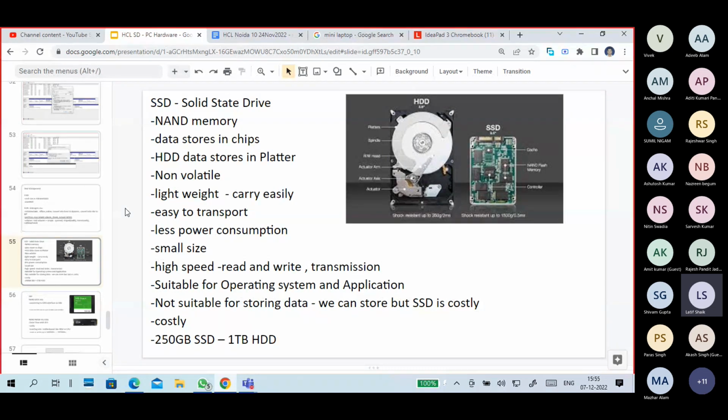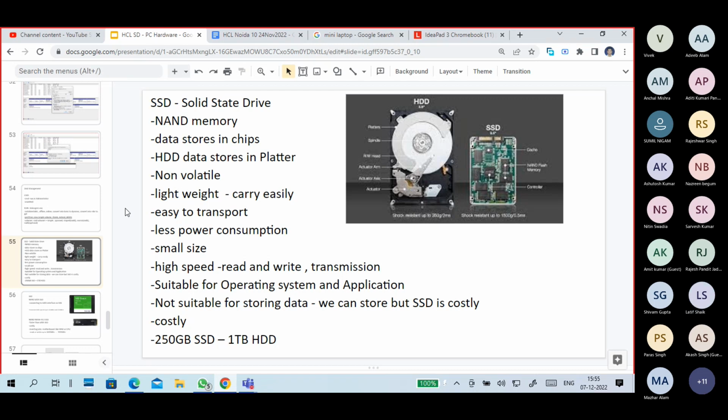SATA SSDs are solid state drives. Data in the hard disk is stored in the platter, but in SSDs data is stored in chips only. It is also non-volatile. If you see RAM, it has chips and data is stored in those RAM chips, but RAM is a temporary, volatile memory.